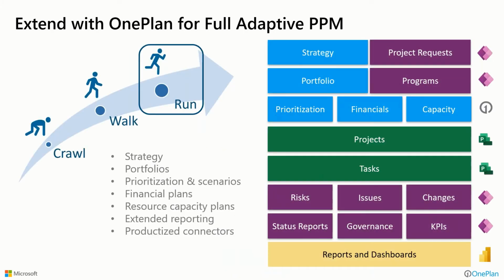So if we want to move this into a run phase and get beyond just what was in the Project Accelerator, if we look at the building blocks on the side, we see we've added some blue over there. And that blue could include things like strategy and strategy execution, and being able to identify what the organization is striving for, and then have portfolio or portfolios that allow us to align ourselves with our strategies, making sure that the portfolios, programs, projects, and initiatives that we have are actually contributing to the strategies with that alignment.